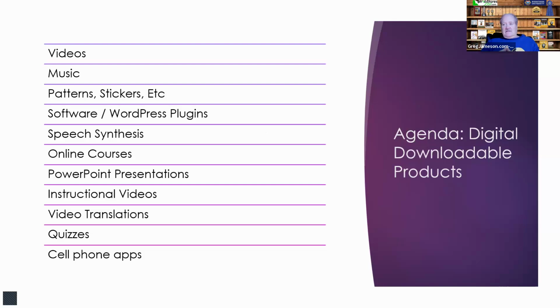So we're talking about digital downloadable products today, and there are a bunch of different kinds of digital products that we can create. Some of them are listed up on the screen right now. I'm going to show you some of each of these, and I think they apply to most people's businesses. It's my opinion that if you're in business and you've got a website, you should be selling something on your website.